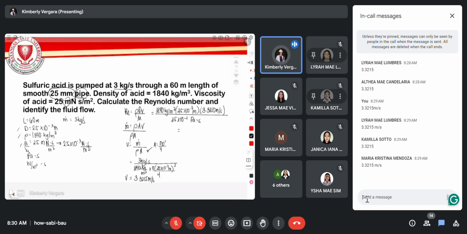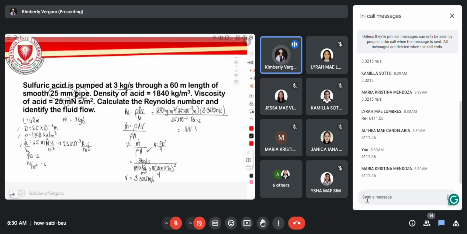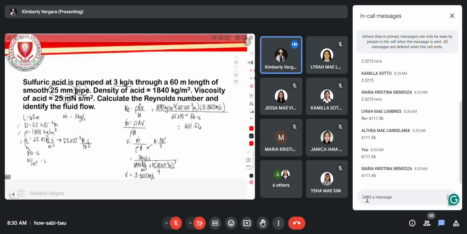Kindly calculate the Reynolds number. We get 6111.56. So this is our Reynolds number.